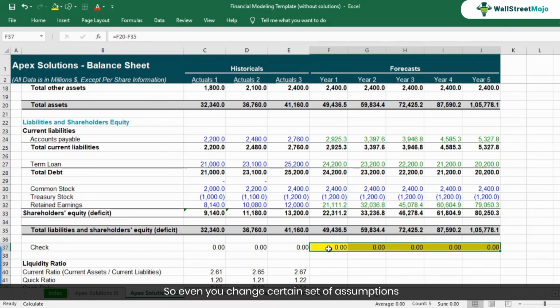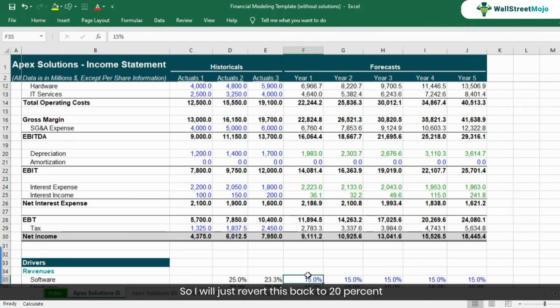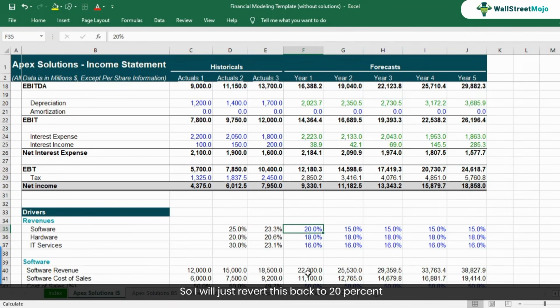So even if you change certain assumptions here and there, your balance sheet will still work in an integrated fashion. That's why it's called a three statement integrated financial model. Okay, I'll just revert this back to 20%.